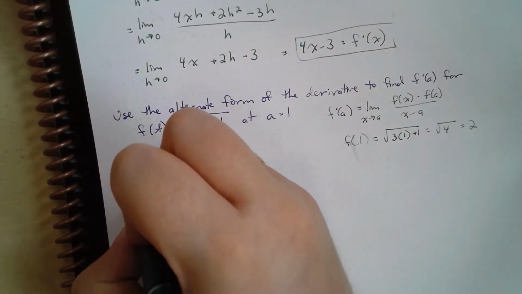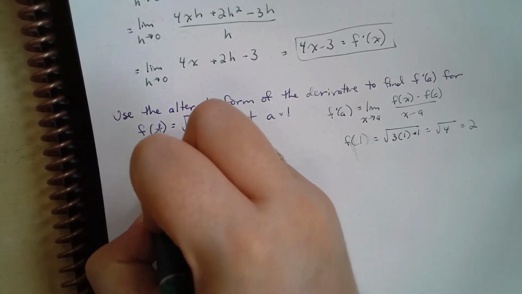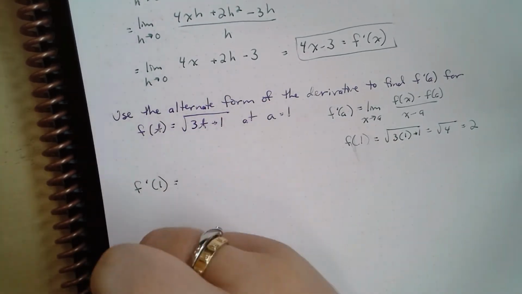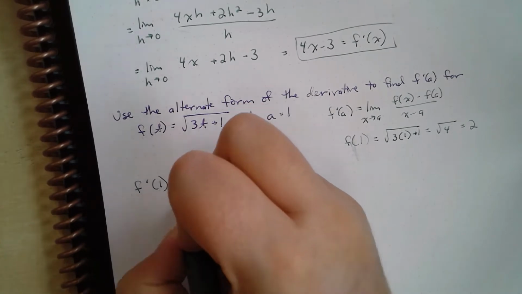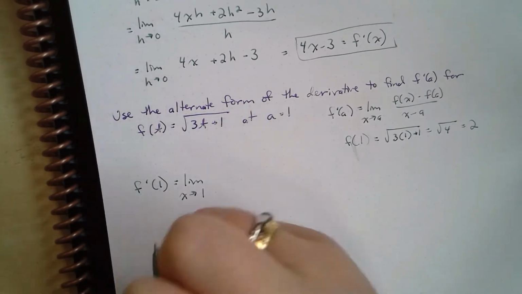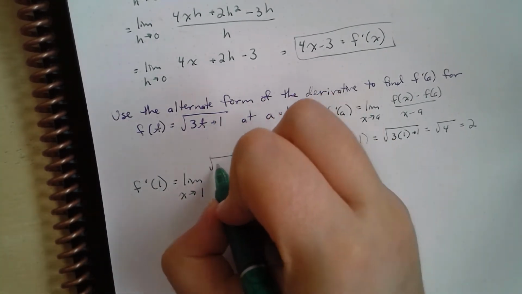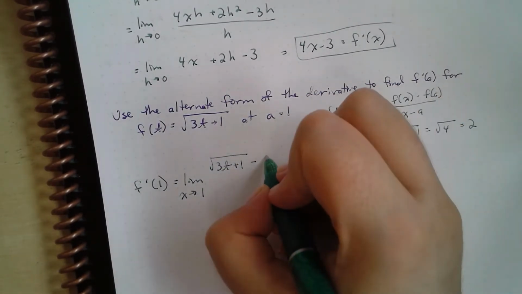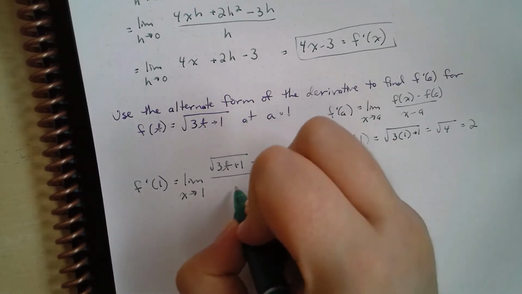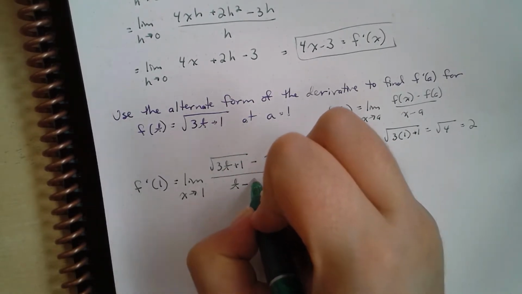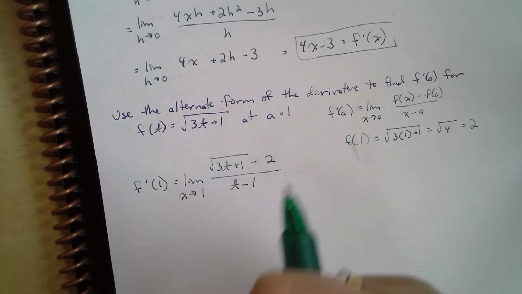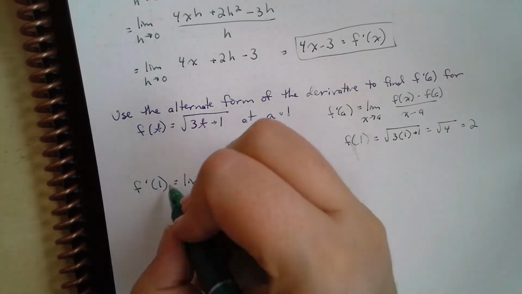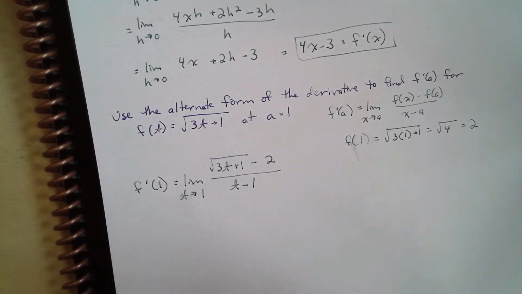So f prime of a, f prime of 1 in this case, is going to be equal to the limit as x approaches 1 of (f of x, which is the square root of 3t plus 1, minus f of a, which is 2) over (t minus 1). And I wrote x here, but our variable actually is t, so I should be using that.